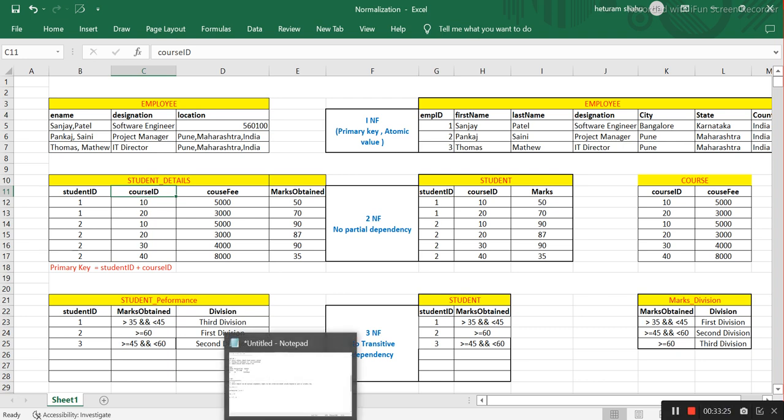As I said, the definition is that each non-key must depend on the entire primary key. This is the rule basically.